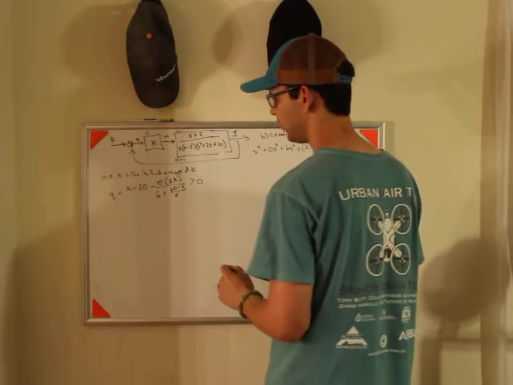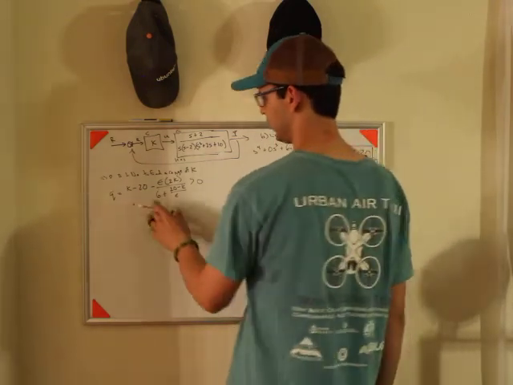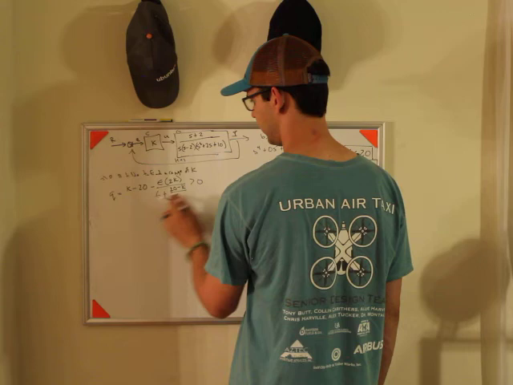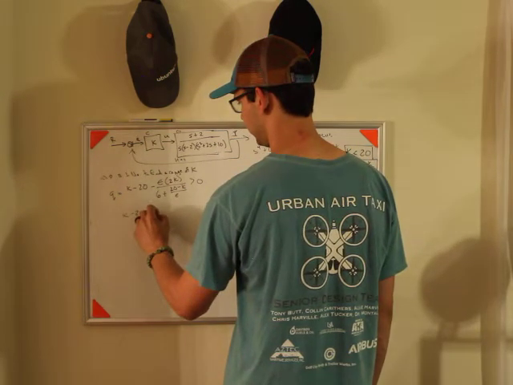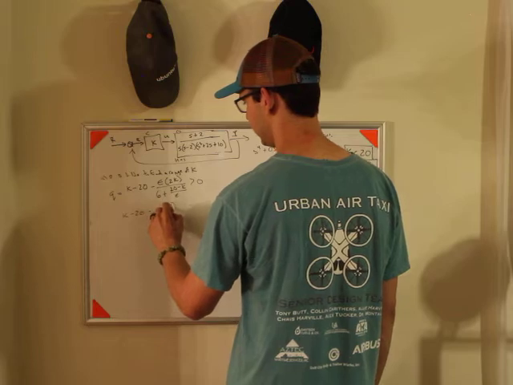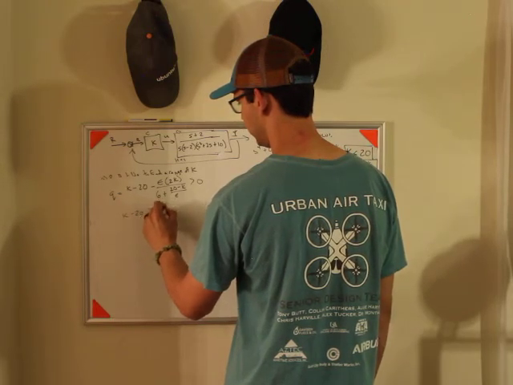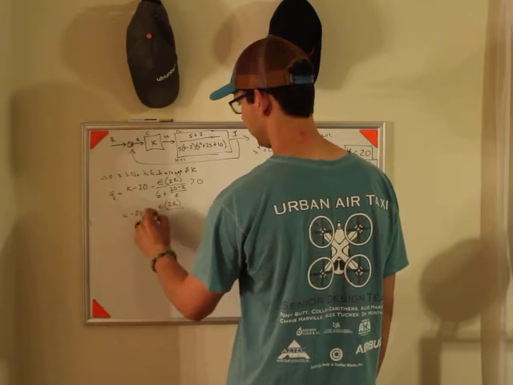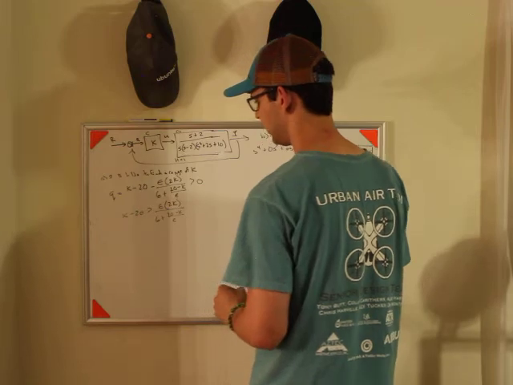Find the range of k. Okay, so I'm going to do a couple weird things here. So I know that I'm going to bring this to the other side. So I'm going to get k minus 20, sorry, it needs to be greater than epsilon 2k over 6 plus 20 minus k over epsilon.